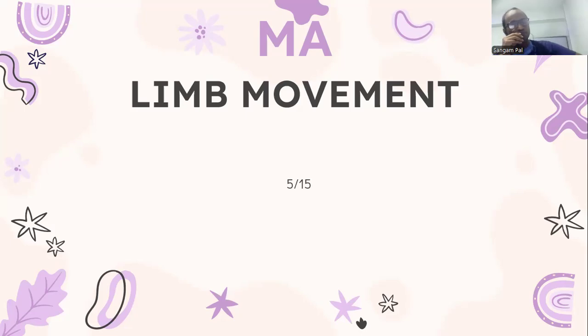But suppose the patient has a very low apnea hypopnea index or respiratory disturbance index, 2 or 3, but the patient has a periodic limb movement index of 50.